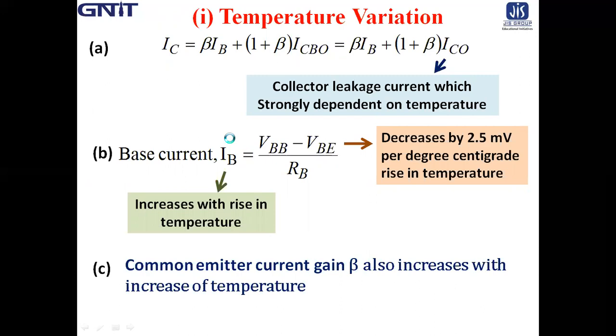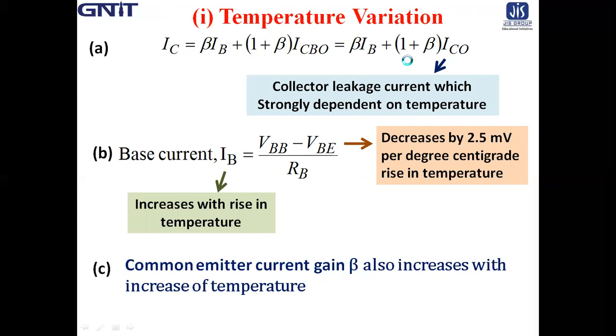The collector current of a transistor in CE mode is represented as IC is equal to beta IB plus (1 plus beta) ICBO, which is denoted as beta IB plus (1 plus beta) ICO, where beta is the common emitter current gain, IB is the base current, and ICO is the reverse saturation collector current.